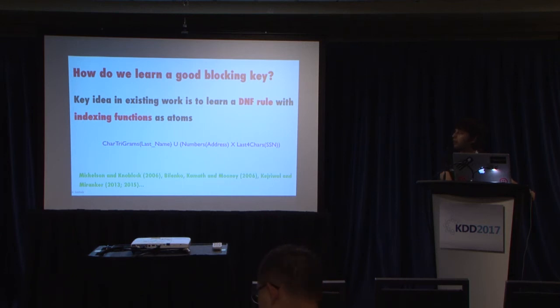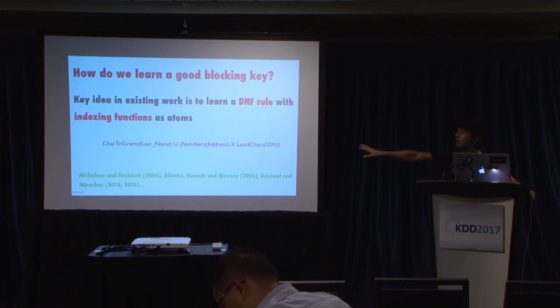These papers take you through the formalism for learning rules such as what you see here. This would be an example of a learned blocking key: we look at the common character trigrams in the last name, we look at the numbers in the address, we look at the last 4 characters of the SSN, and combine these to have this configurable inverted index function.